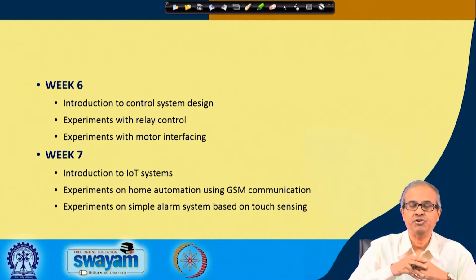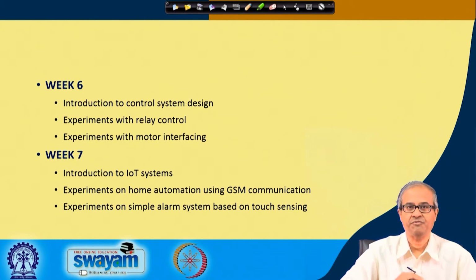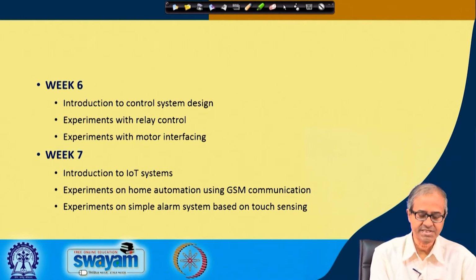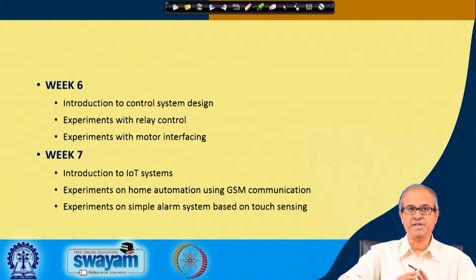In the process we also learned how to use the interrupt system in the STM32 board. We saw that it was a very simple task to develop interrupt based software in this kind of environment. And in week 7, there was a very brief discussion on the Internet of Things, IoT.